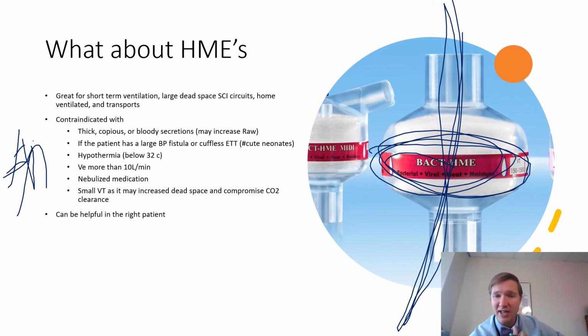Different manufacturers will have different minute ventilation ranges on their HMEs and different sizes. Some of them have larger dead spaces than others, so you need to know your equipment too, but usually over 10 liters a minute is not a good idea, because it could really not be adequate humidity for them.